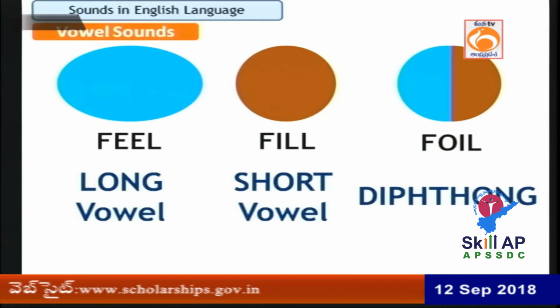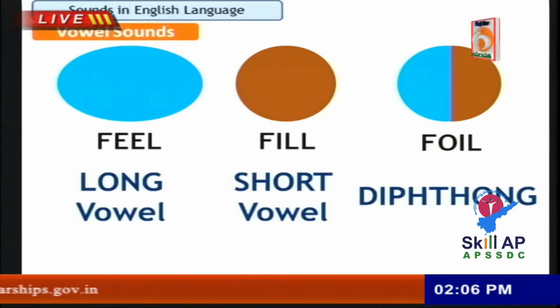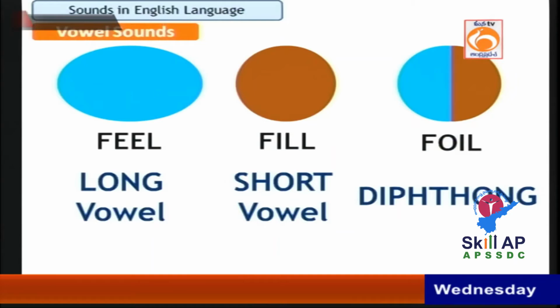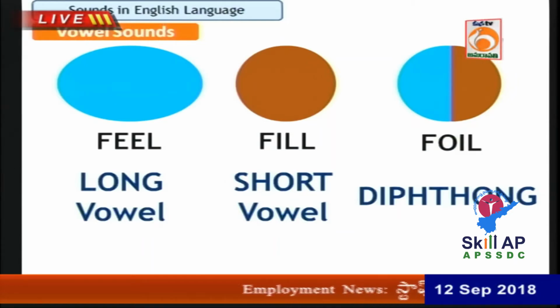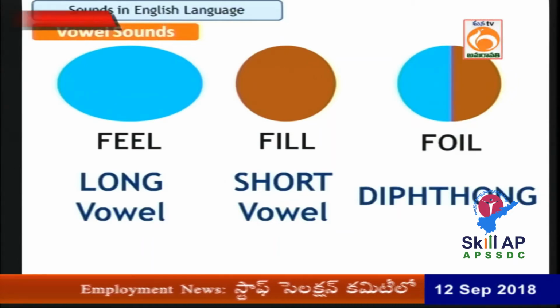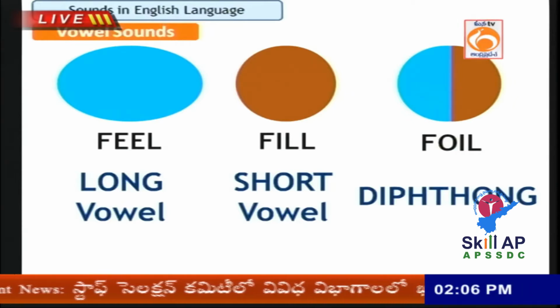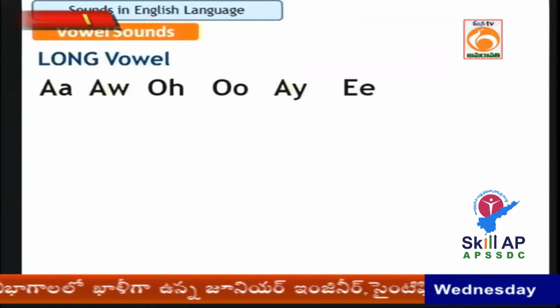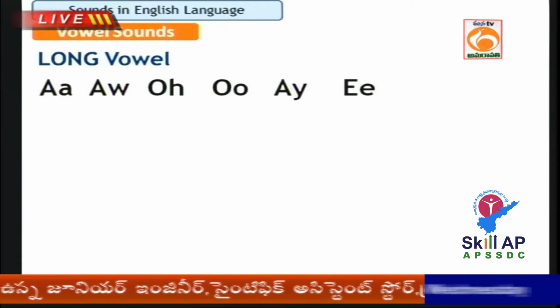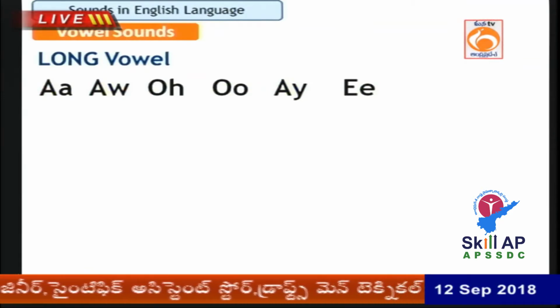Like I said, there are 15 vowel sounds in the English language, which we are going to go through. We are not going to look into triphthongs and further distributions. These three categories are used for all practical purposes to improve your pronunciation. So the long vowel sounds are, now repeat after me, there are 6 long vowel sounds.